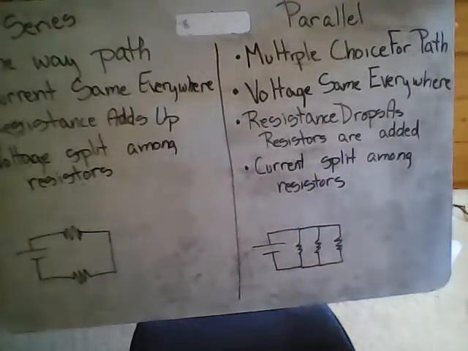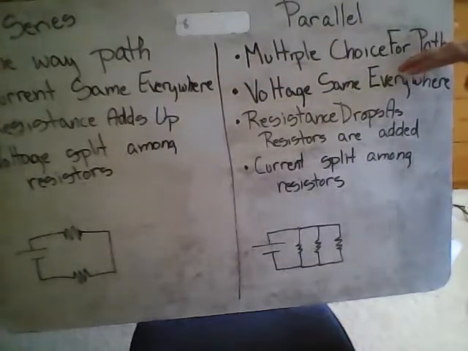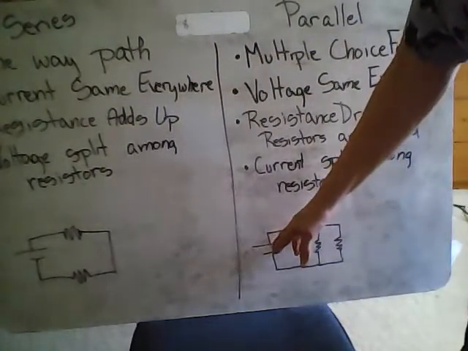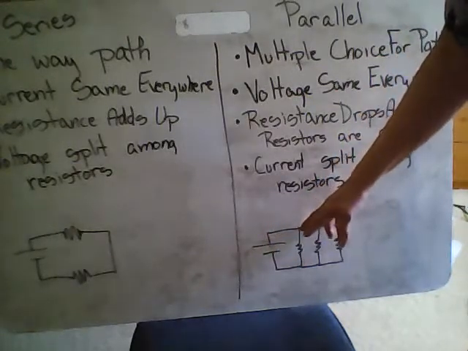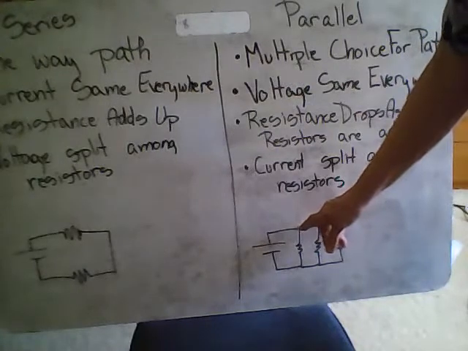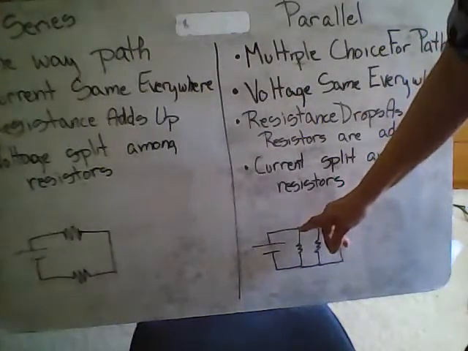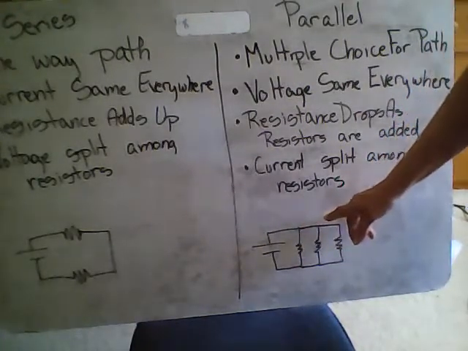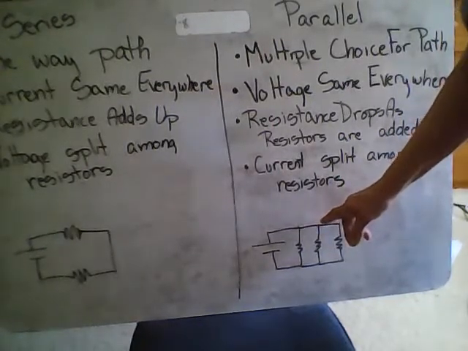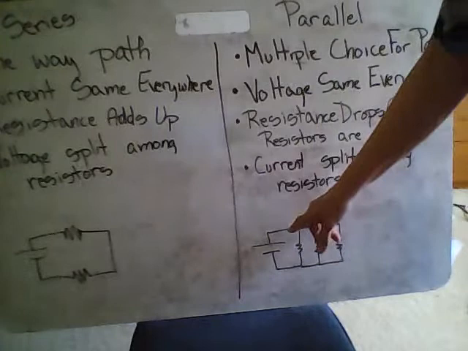Now, parallel has multiple choice for path. So we go from the voltage source to this first intersection, and we have a choice. The current can either go through the first bulb or it can continue on its way. So that's what makes it parallel.